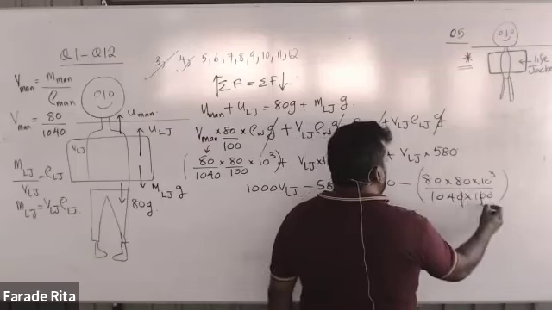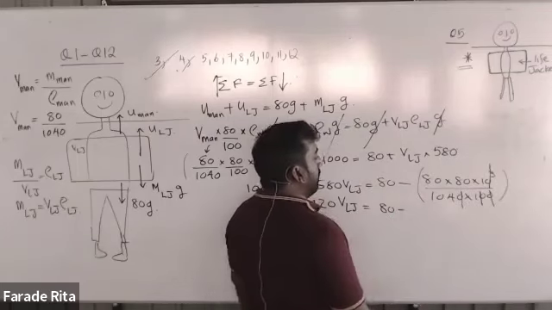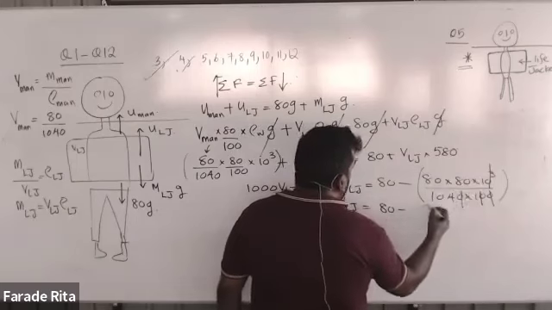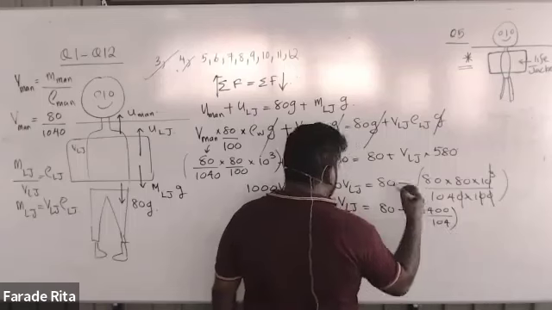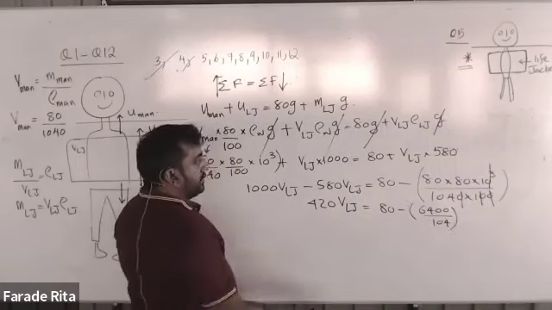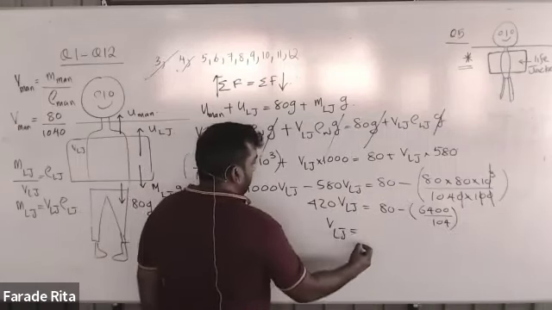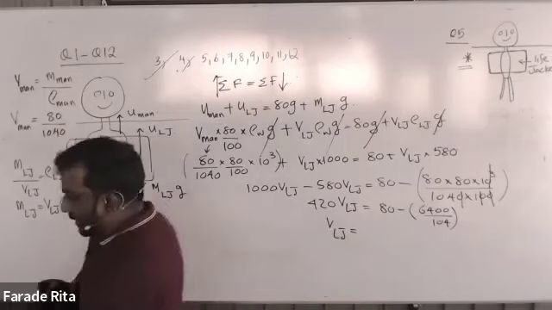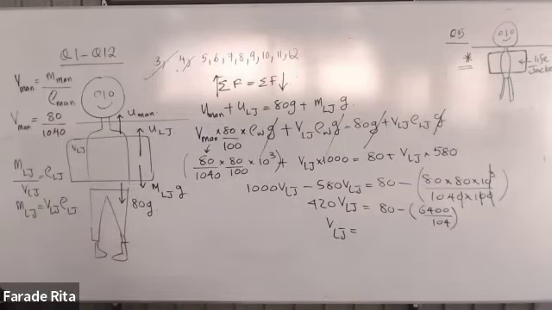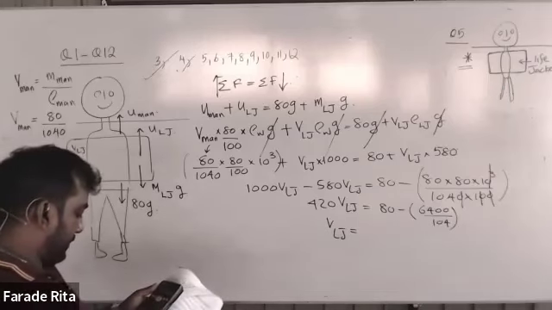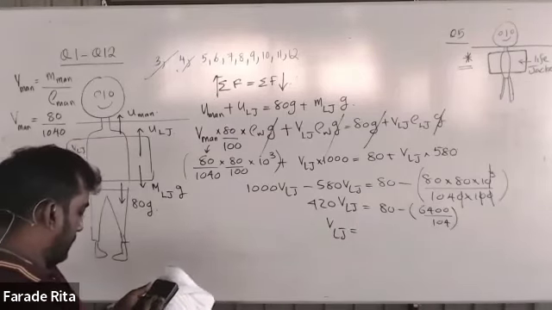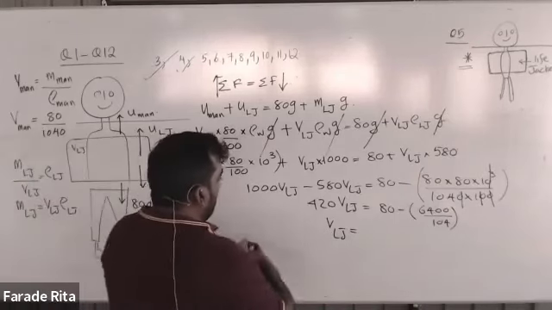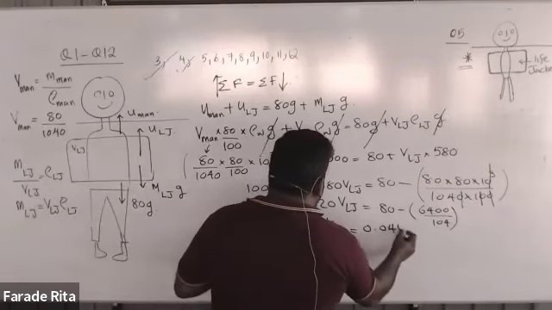Now 3 zeros, 1000 will cancel off. To simplify this, 6400 over 104. So what is the volume of the life jacket? This value divided by 420. If you calculate, 0.044 cubic meter.